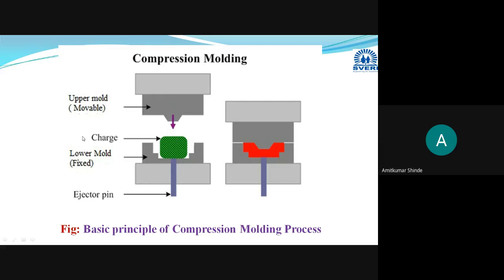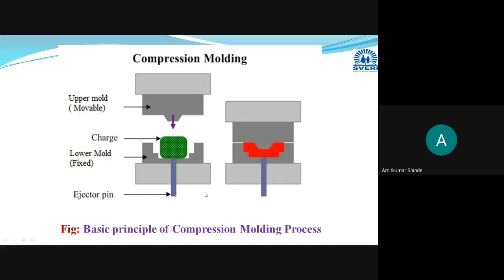The third component is the charge, which is nothing but your preheated raw material or preheated preform. Ejector pins help to remove the final product from the mold cavity. So this is the basic arrangement of the compression molding process.